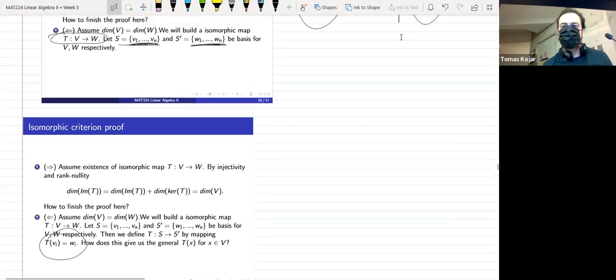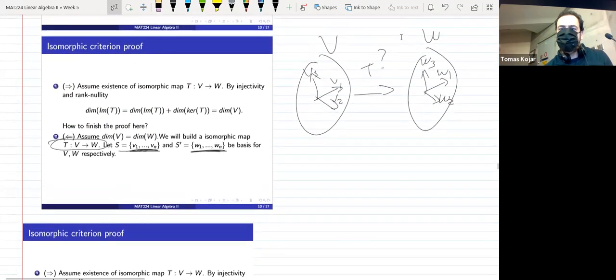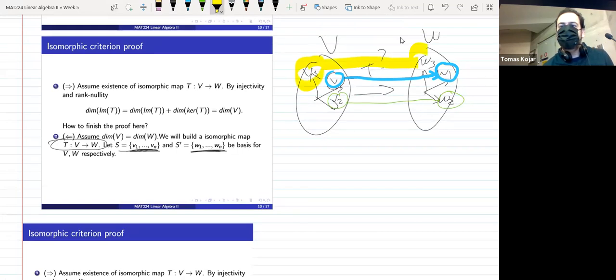So you send v1 to w1, you send v2 to w2 and v3 to w3. So that's your mapping, okay? You just follow the index of the basis.